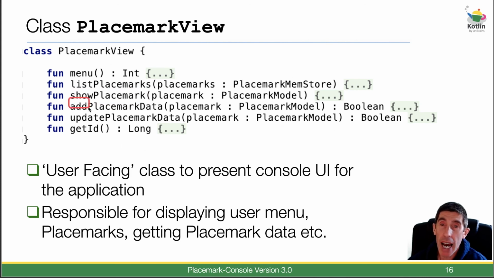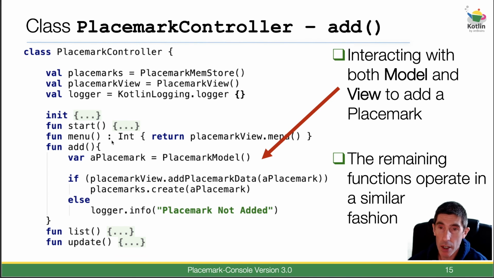We have add placemark data that we saw on the previous screen that was getting triggered. Just to show you, there's the add placemark data, which returns a boolean. Just to page up for a second, there's our placemark view instance calling add placemark data, which is inside the controller.